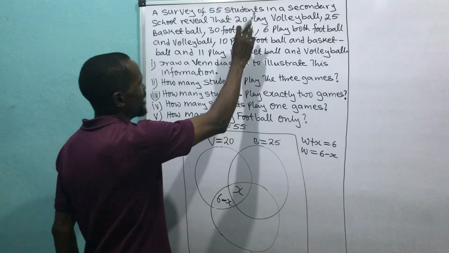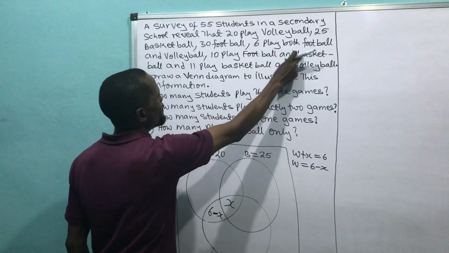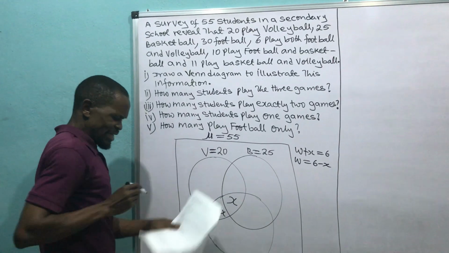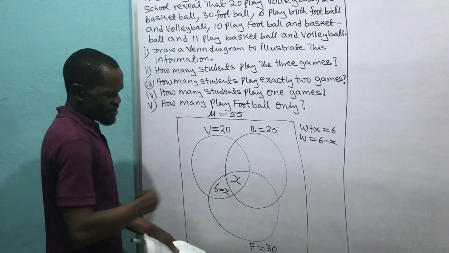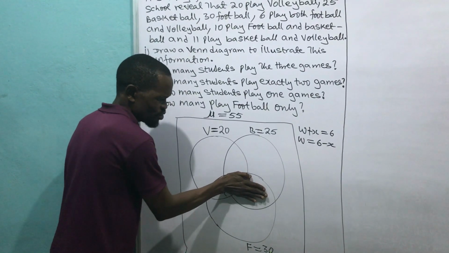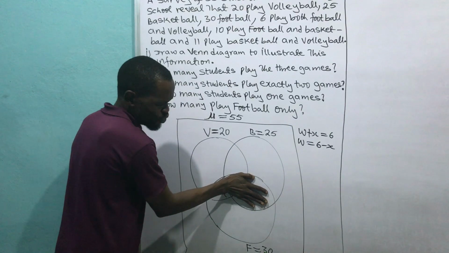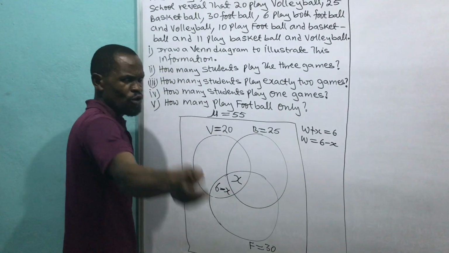Then again, in the other statement, 10 play football and basketball. What are they talking about? They are talking about this portion here, I'm using my hand to close it, those that play basketball and football without only.